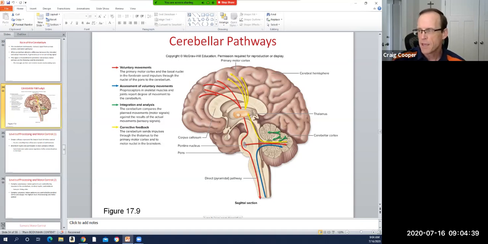That's what the yellow arrow is, the correction. The red ones are saying, this is what I want to do. The cerebellum says, well, hold on a minute, let's modify that a little bit. Here's a better way to tweak that motion. And so it needs to get that information from the cerebellum to be accurate with that.